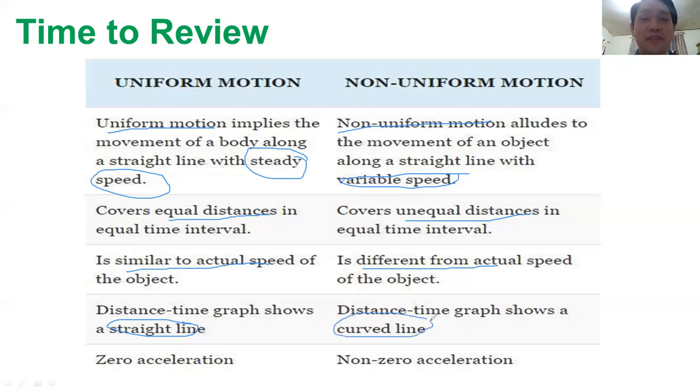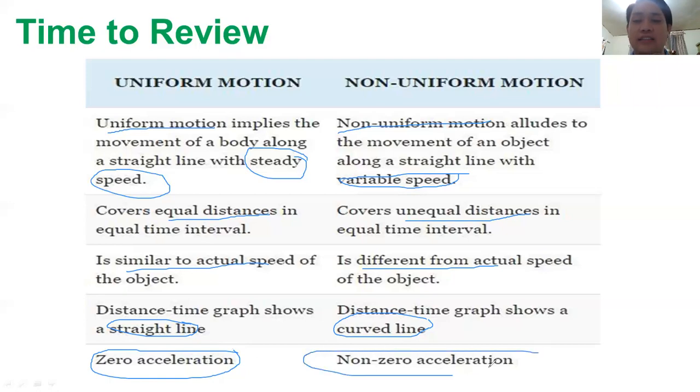And lastly, we always remember that a uniform motion always has zero acceleration, while a non-uniform motion has a non-zero acceleration.